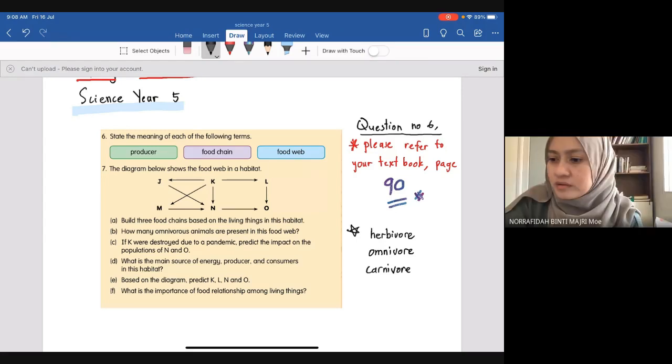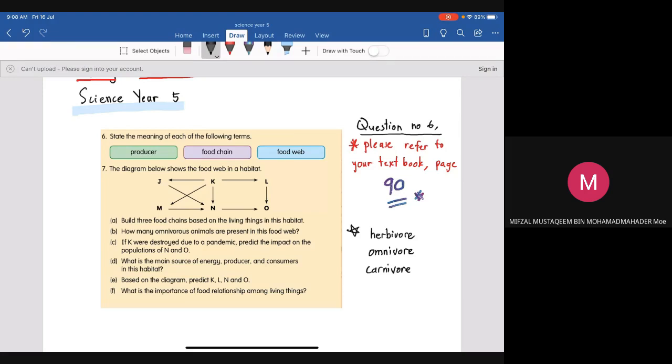State the meaning of each of the following terms: producer, food chain, and food web. The answers are in your textbook. No need to Google for this one, because the answers are in there.